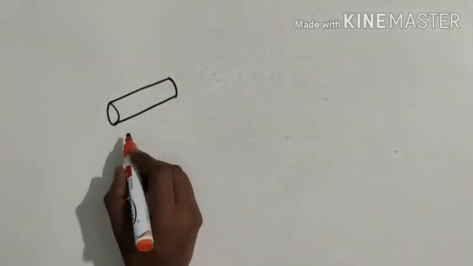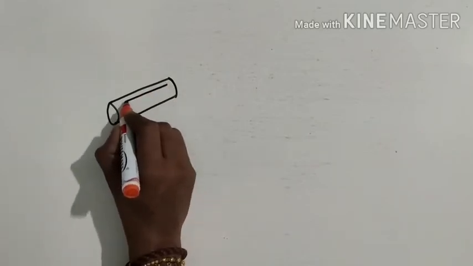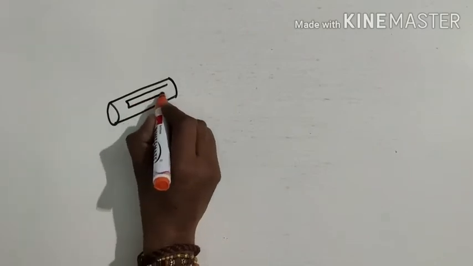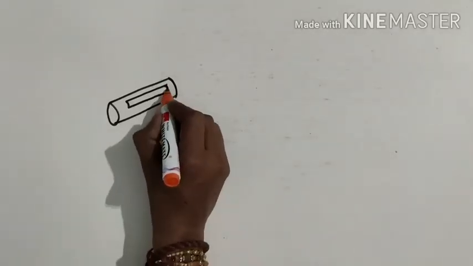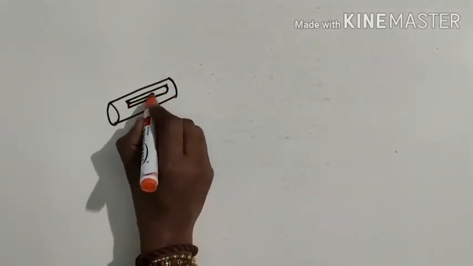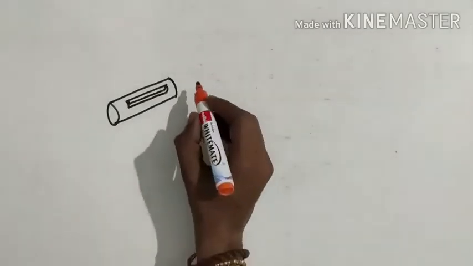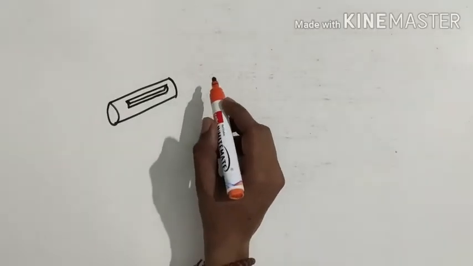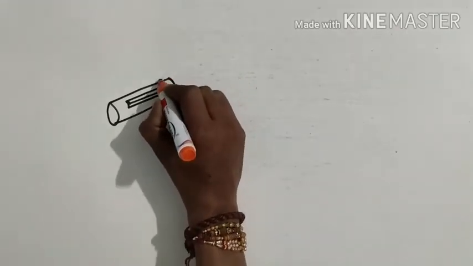This is a single one, and it has a keyway, and the keyway is the recess or space where the key is inserted, like this. And the coupling has a hub on both sides. So let's start.